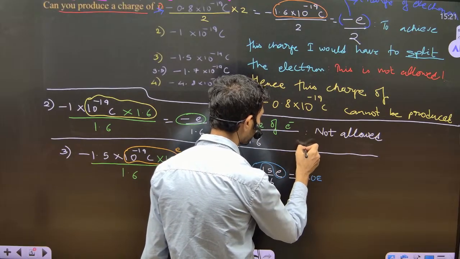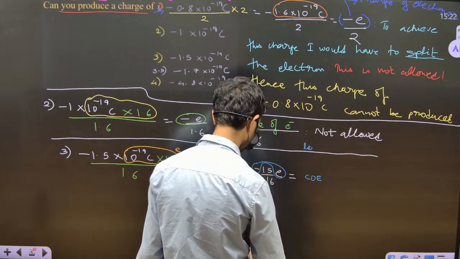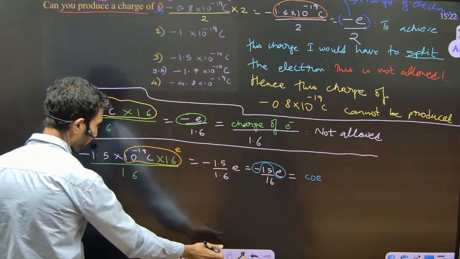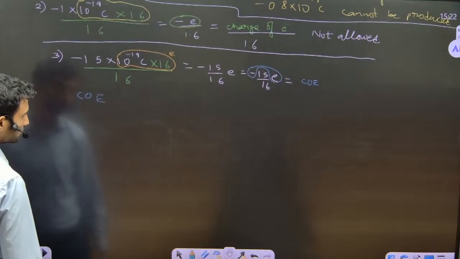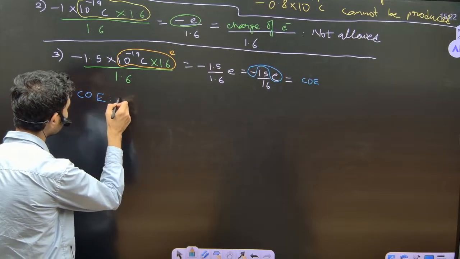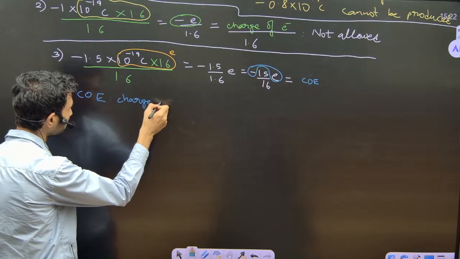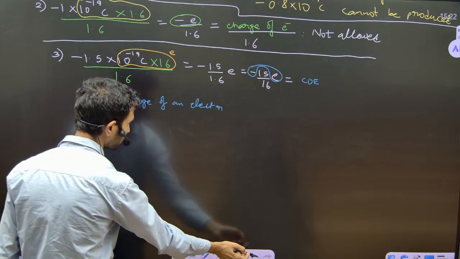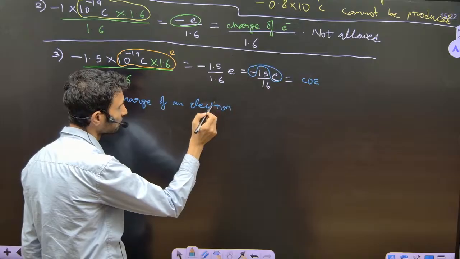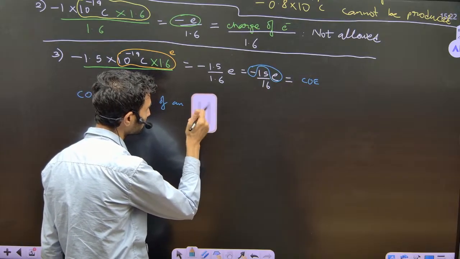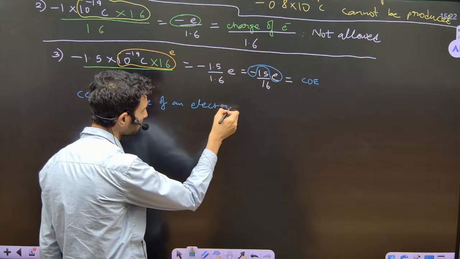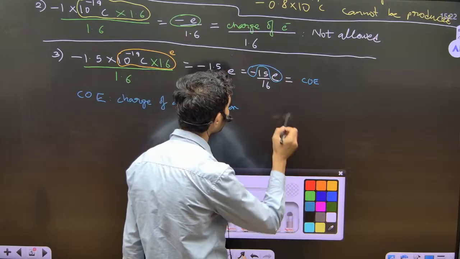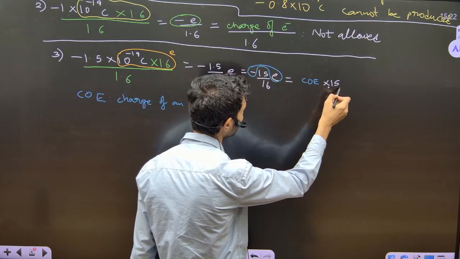I will define here, COE is a short form I am going to use for charge of electron. That's coming out to be charge of electron into 15 by 16.